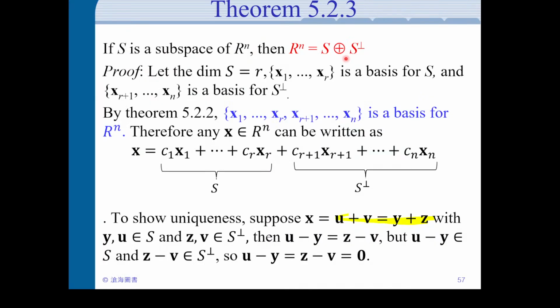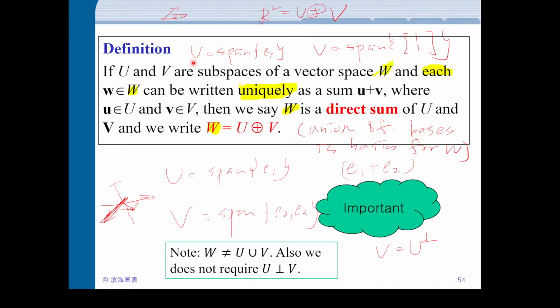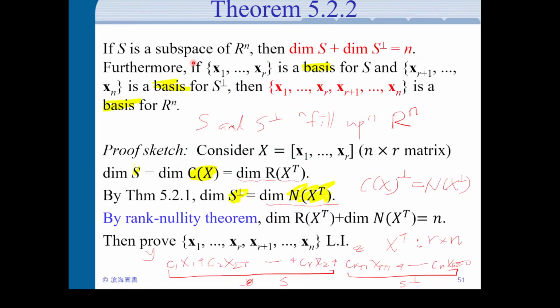And we have that the complement direct sum with your original space is the whole space, and because of that, the dimensions also add up to the dimension of your space.